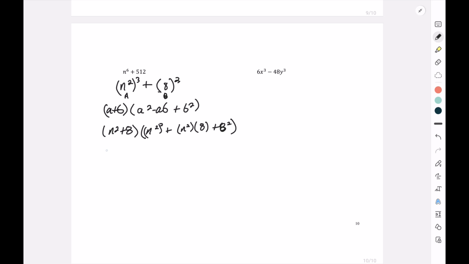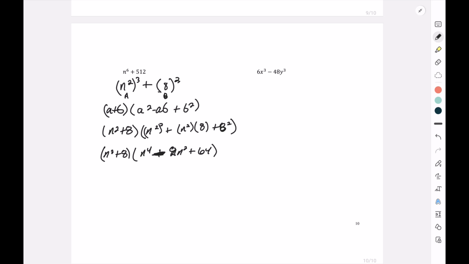If we do all the calculations, we get n squared plus 8 in parentheses, and n to the 4th minus 8n squared plus 64.